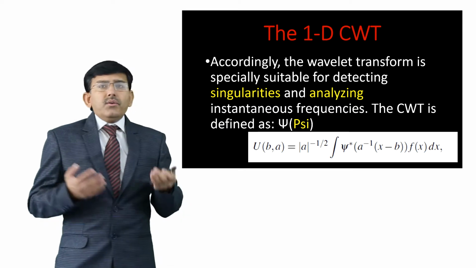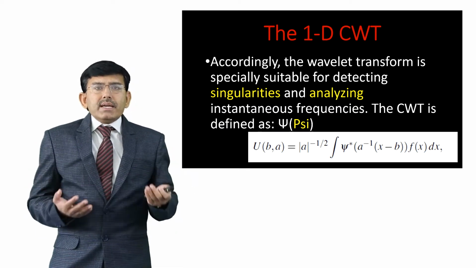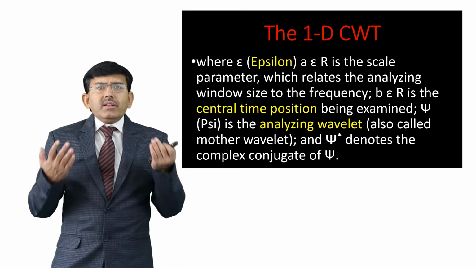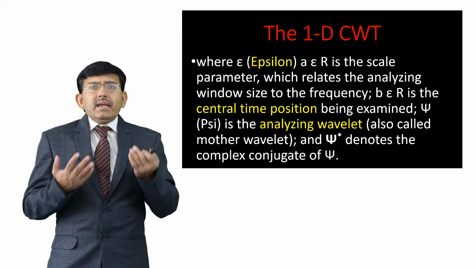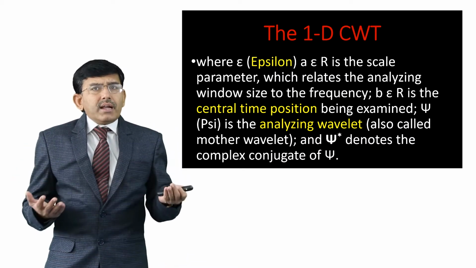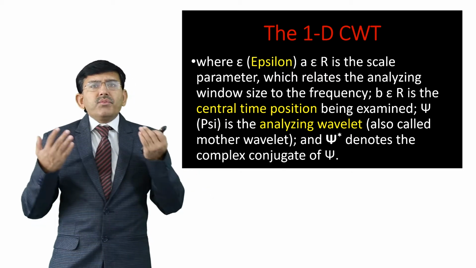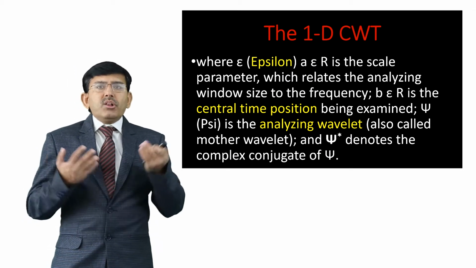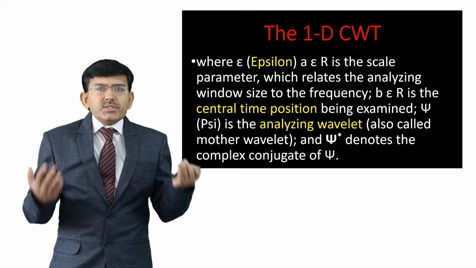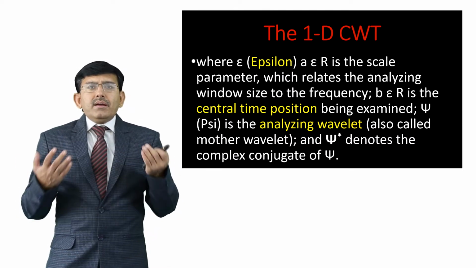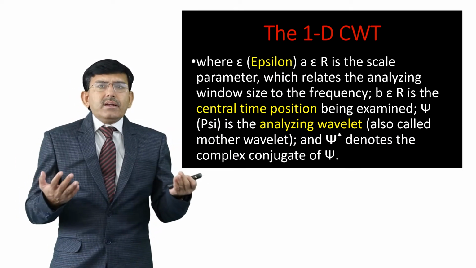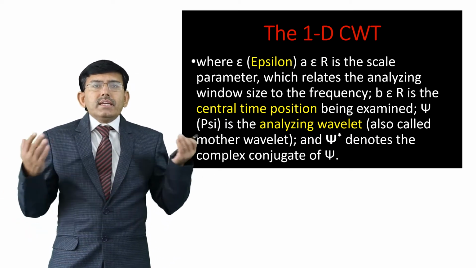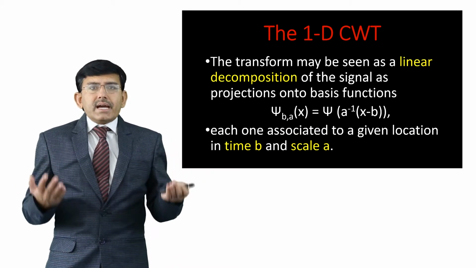Using this formula, we can calculate the singularities and analyze frequencies, where a is the scale parameter which relates the analyzing window size to the frequency. b is the central time position being examined. Psi is the analyzing wavelet, also called mother wavelet, and psi star denotes the complex conjugate of the psi function.